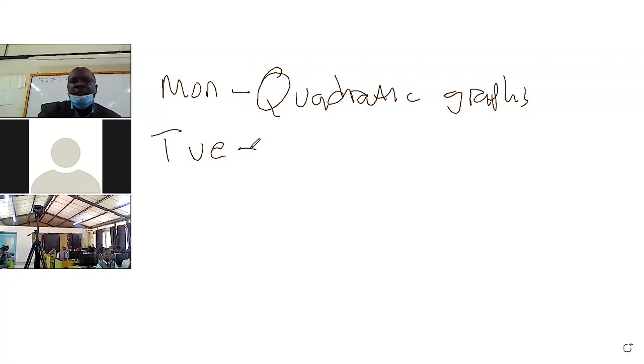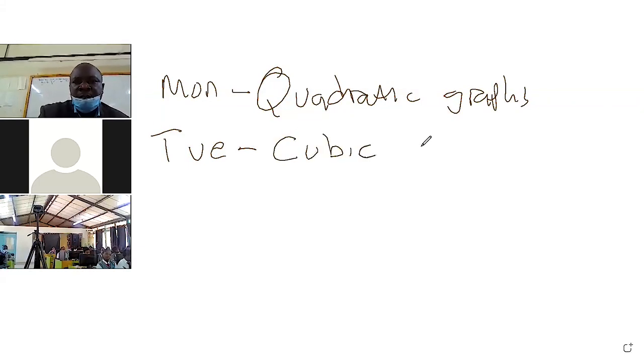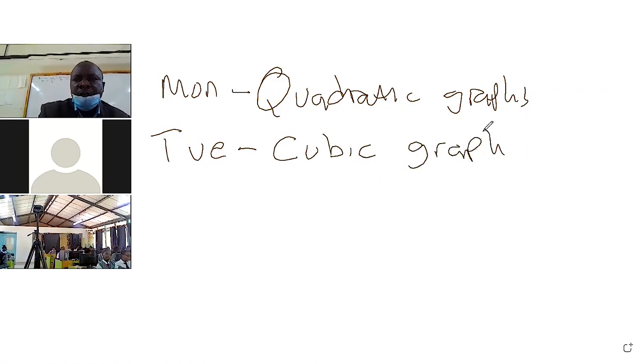So on Tuesday, you go again and work out a cubic graph. A cubic graph will be able to combine both the quadratic principles and the cubic principle. They are very related.